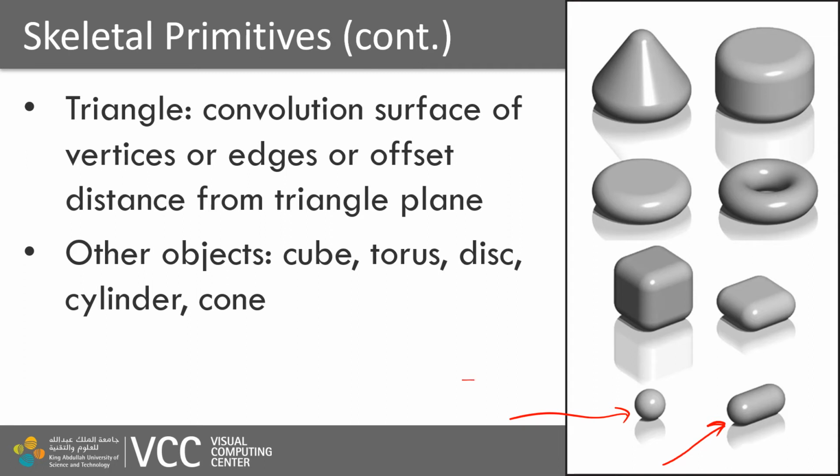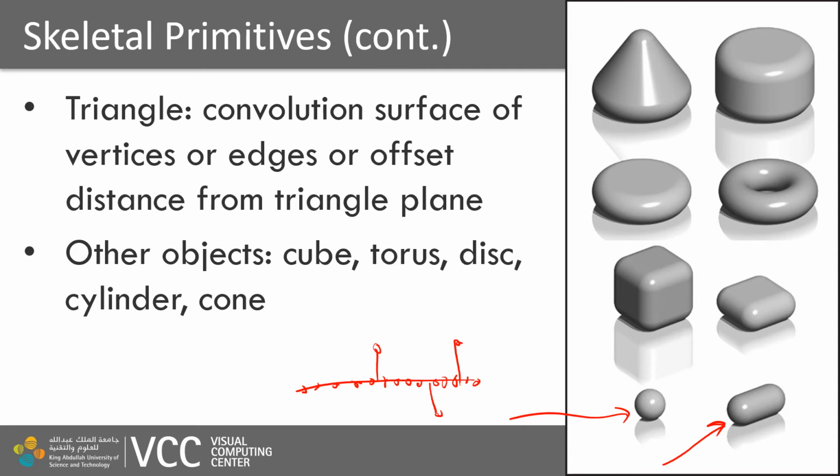In the case of level sets, we were calculating just the distance or the implicit representation from just one point, which is closest to the surface, and we were not contributing to the surface as a blend of all points on the skeletal primitive. That would be the convolutional surfaces.